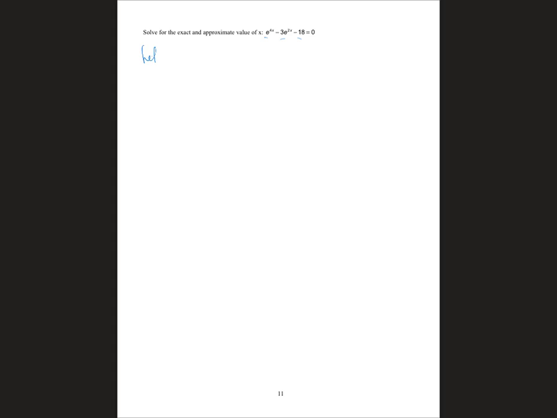So I can go ahead and introduce a variable u and let u equal e to the 2x. So therefore, u squared would equal e to the 2x squared, which is e to the 4x.